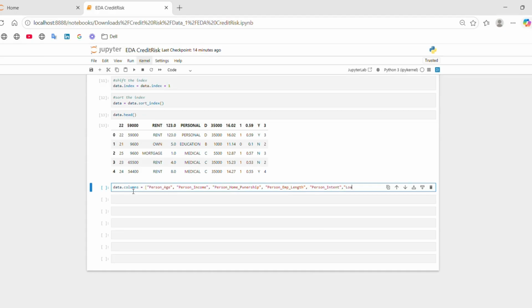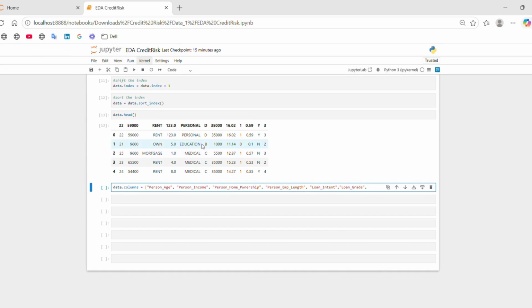Next is loan grade. I would say not the person intent, I would say it is the loan intent.